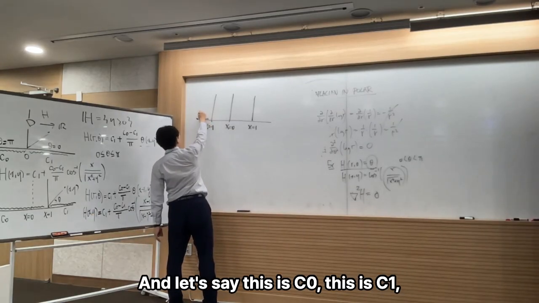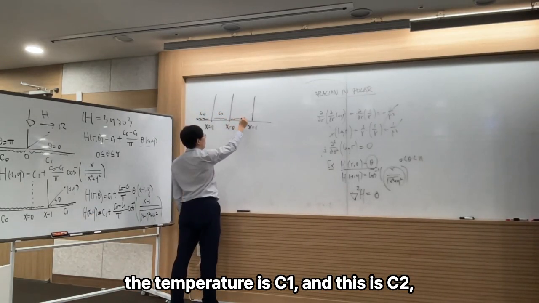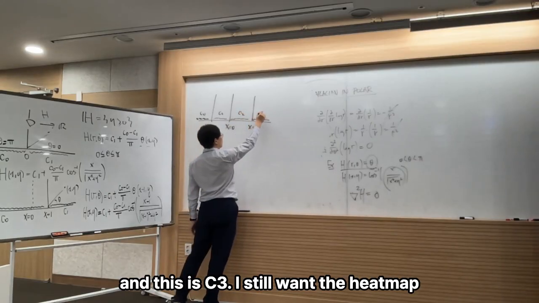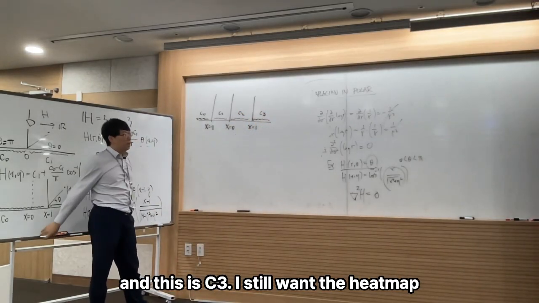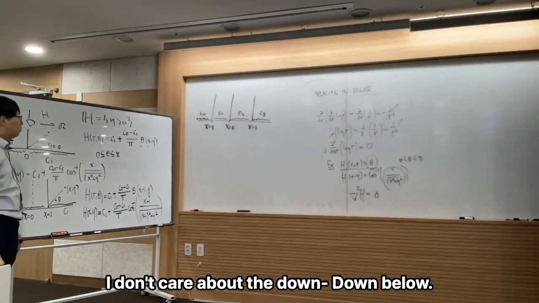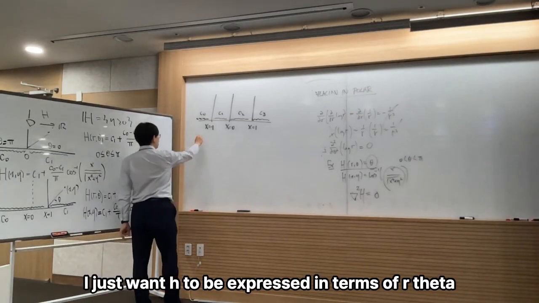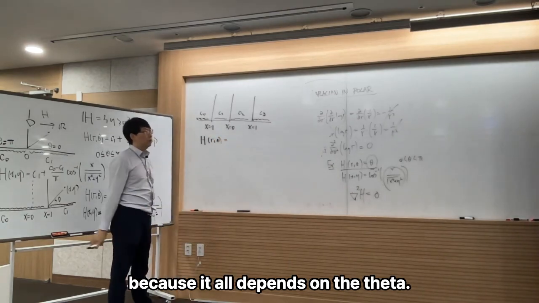Let's say this is C0, this is C1, this is C2, and this is C3. I still want the heat map on the upper plane. I don't care about the down below. I just want H to be expressed in terms of r theta, because it all depends on theta.